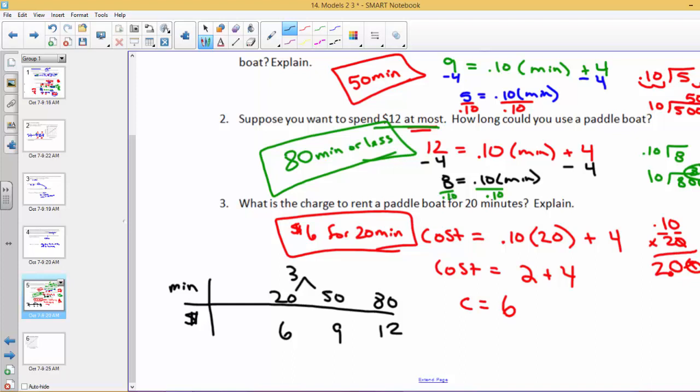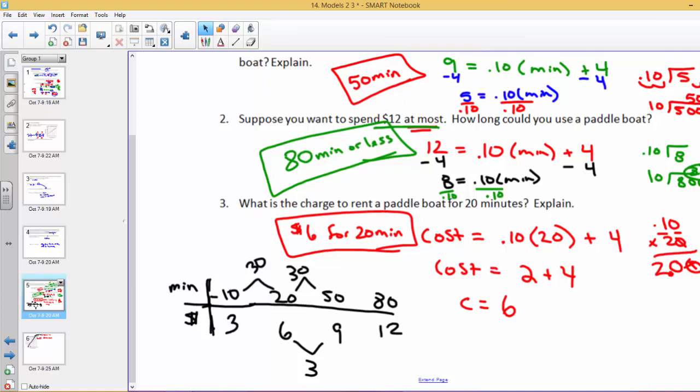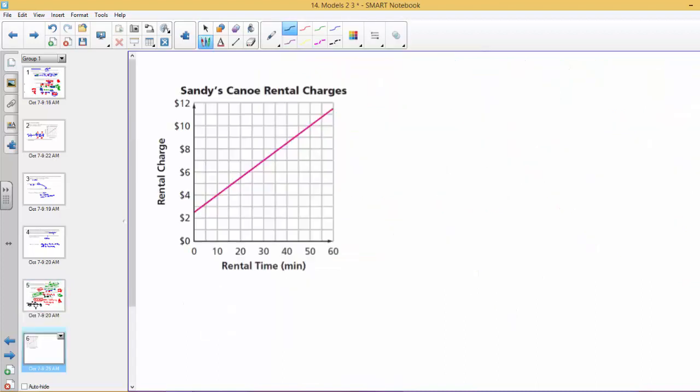So every 30 minutes, you have an increase of $3. 30 minutes, $3. 30 less would be negative 3. So 20 gives 6, 50 gives 9. And so the equation is going to go through these 2 dots.